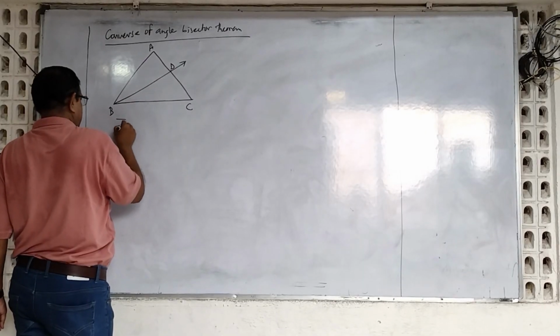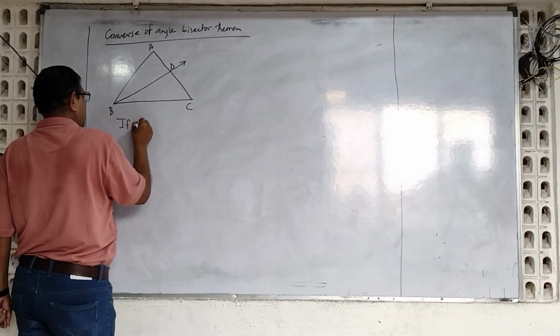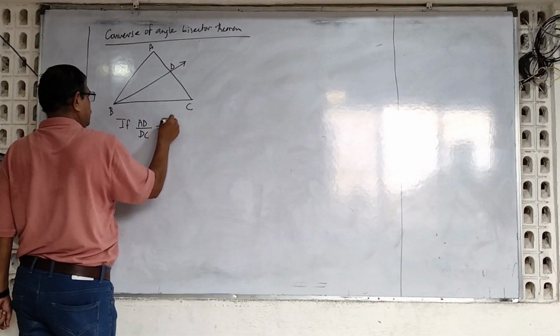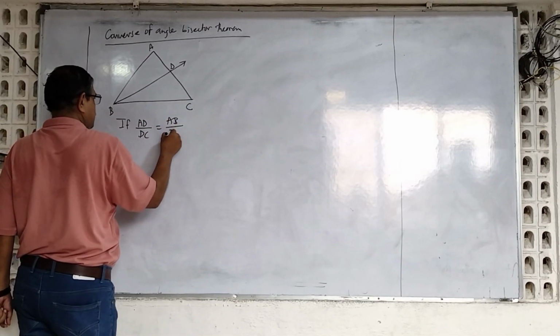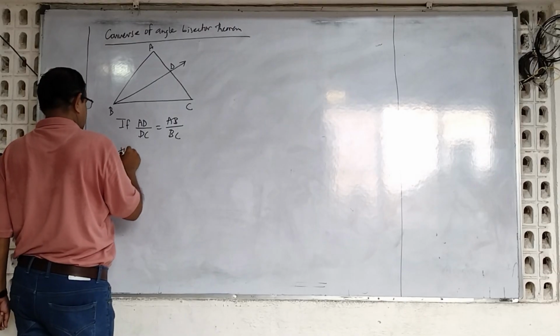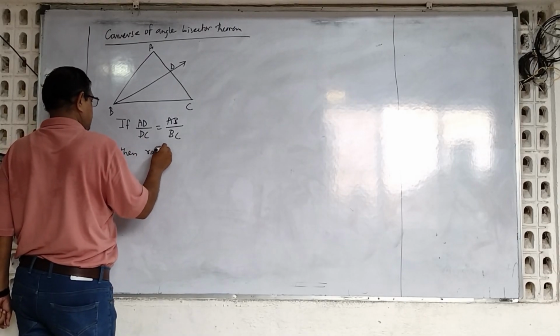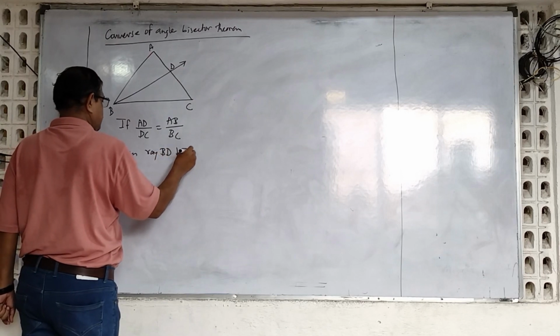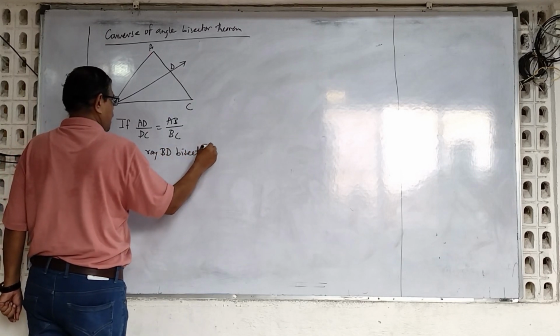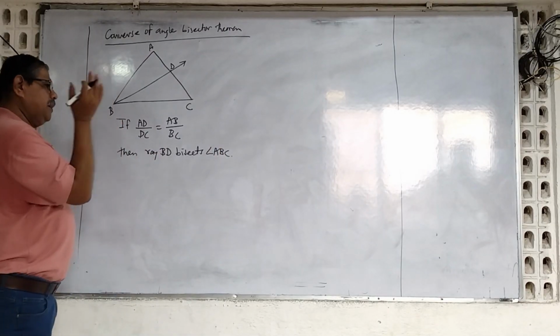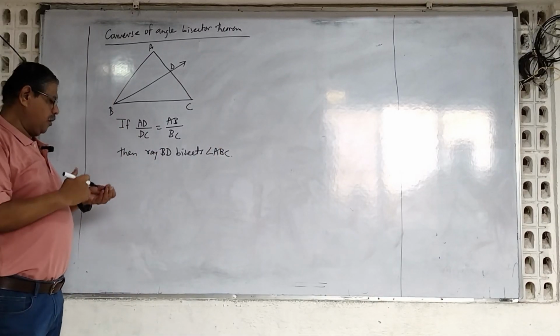If I have AD upon DC equal to AB upon BC, then I will say ray BD bisects angle ABC. Same way as your converse of the basic property theorem.